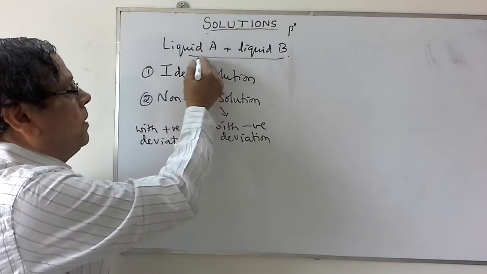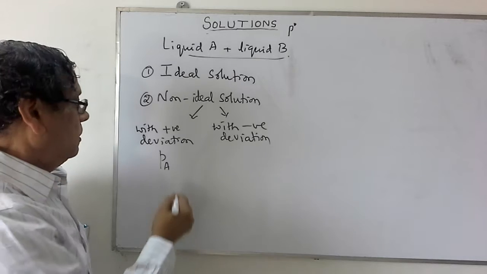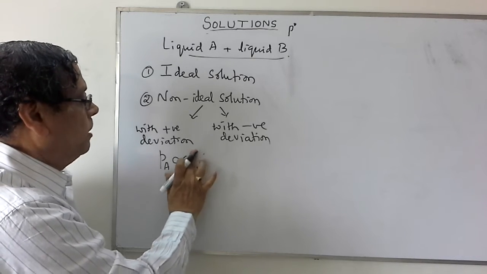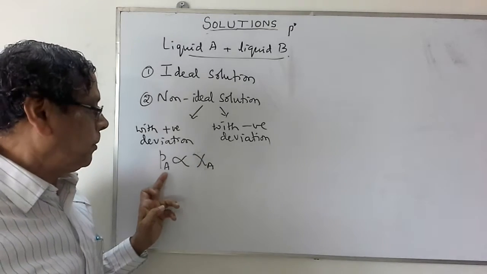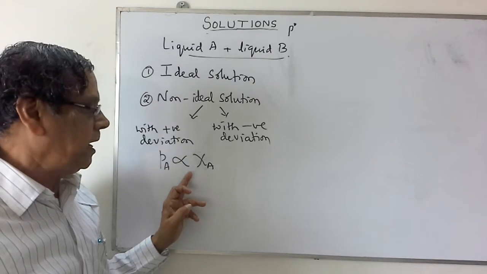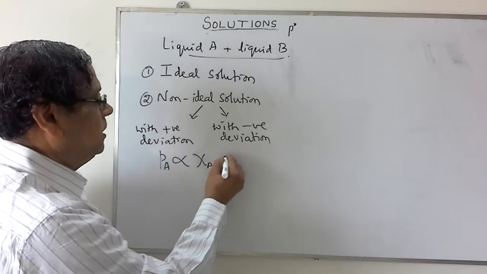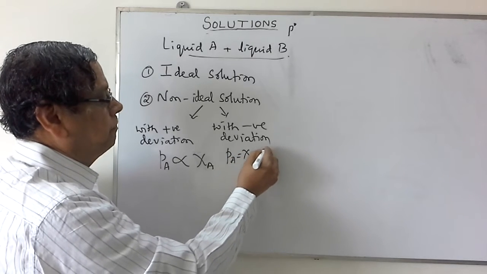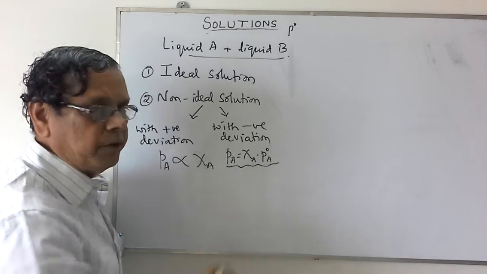So the partial pressure of A is directly proportional to chi A. That is, the vapor pressure of a particular liquid above the solution is directly proportional to its mole fraction in the solution. Or we can write this as PA is equal to chi A times P0 A. This equation is called the Raoult's law equation.